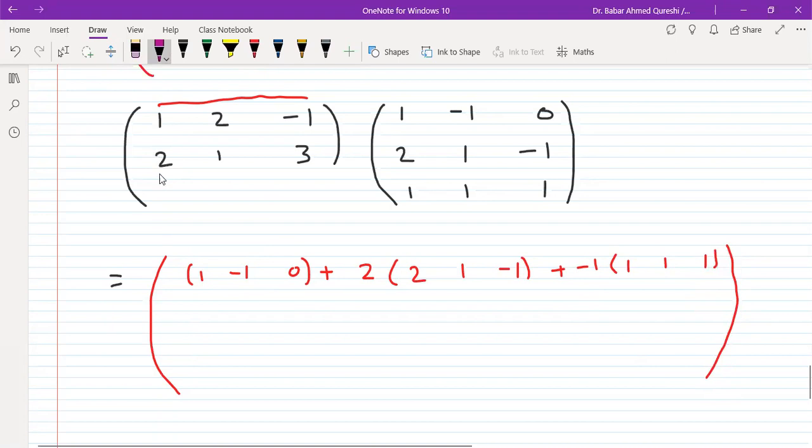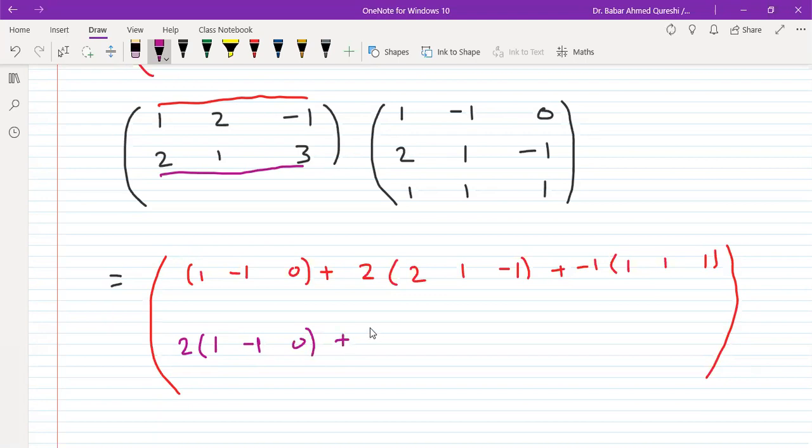And then take the second row and again make the linear combinations. 2 times the first row plus 1 times the second row plus 3 times the third row.